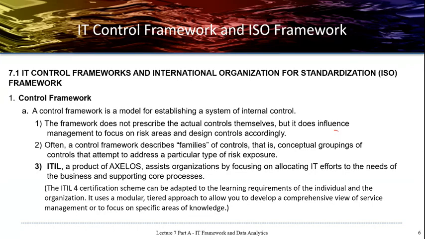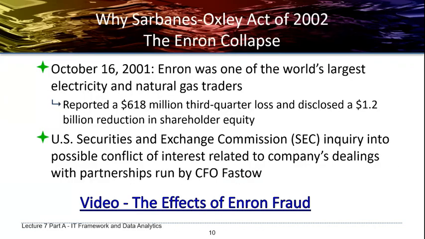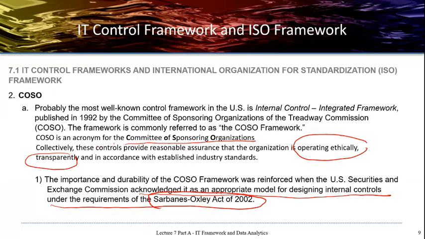So this is the main reason the COSO framework was there, and its features were taken by the US government, which brought in a new act called the Sarbanes-Oxley Act in 2002. There's a reason for bringing in this act.